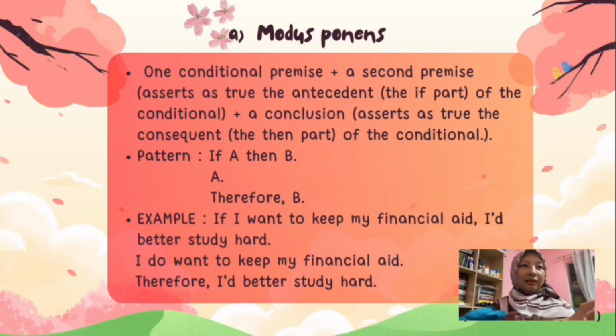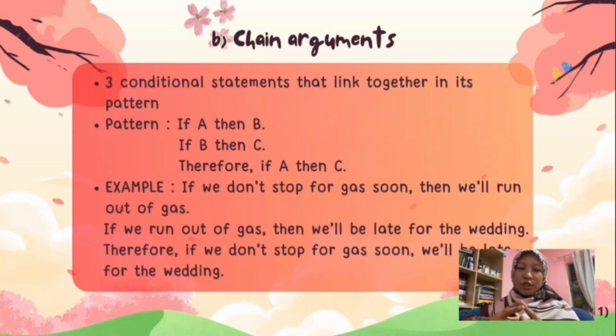Next, chain arguments. When we mention chain, it must be about link or about connection between them. So, chain arguments include 3 conditional statements that link together in its pattern. The pattern is if A then B, if B then C, therefore if A then C. The example is if we don't stop for gas soon, then we will run out of gas.